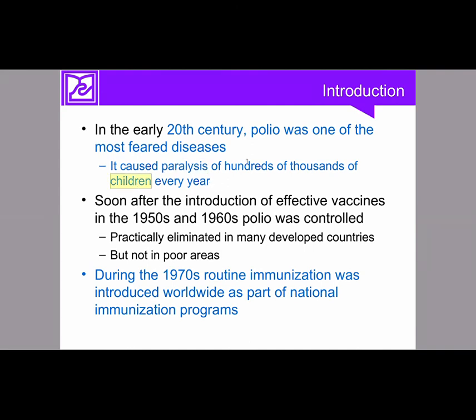I repeat, hundreds of thousands of children suffer paralysis every year, 40 years ago. And that was terrible. However, young people don't know about that. We know that poliomyelitis is a terrible disease that must disappear.